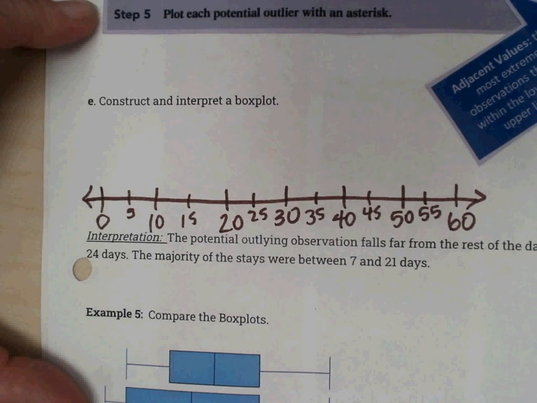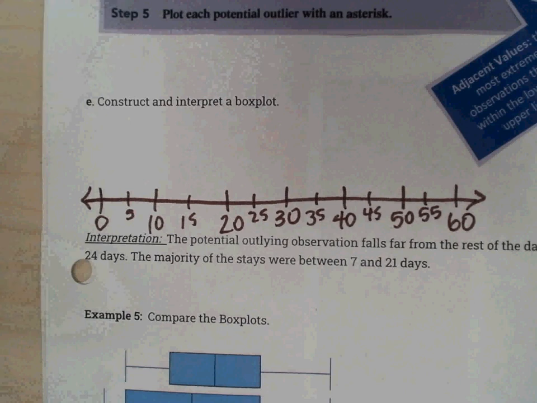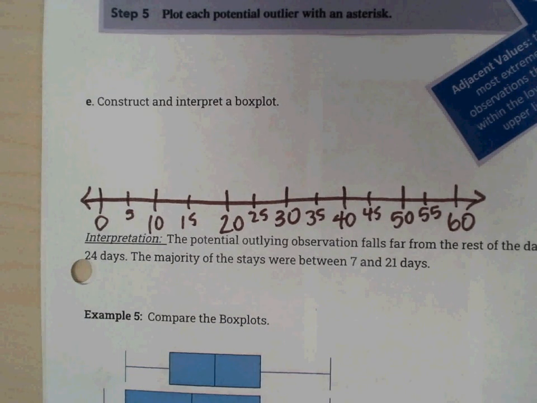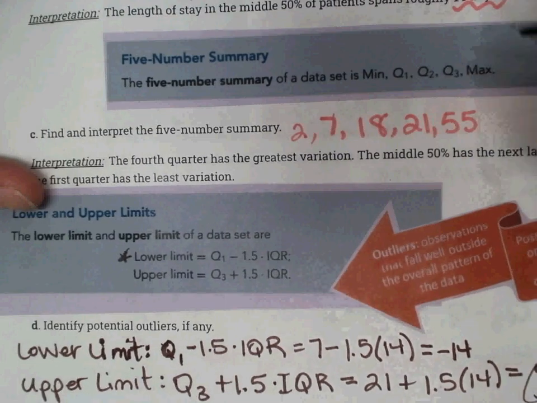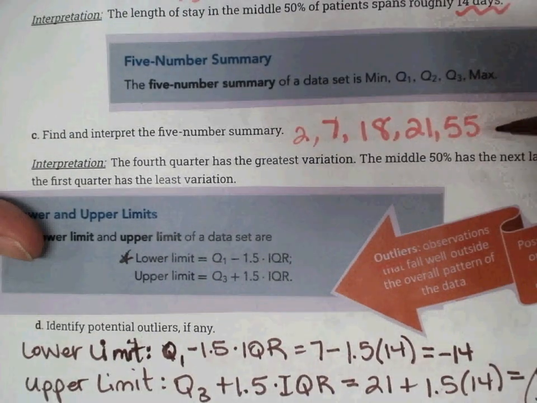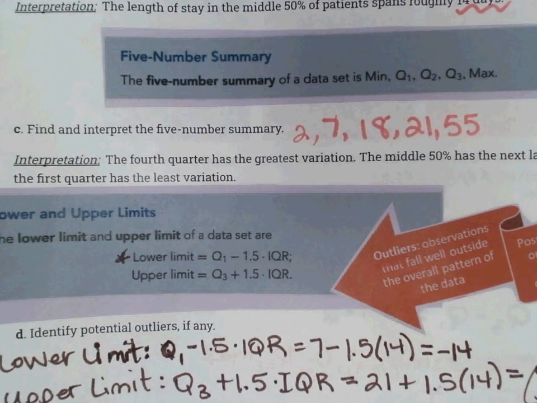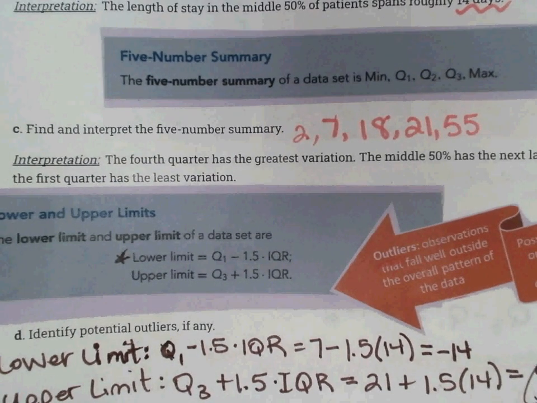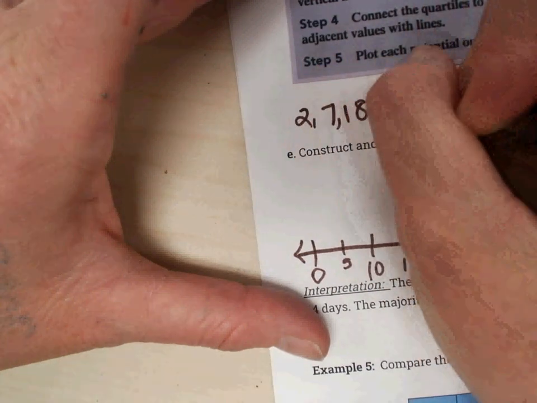And then above the axis, it says mark the quartiles and the adjacent values with vertical lines. So my quartiles and my adjacent values, essentially these are my 5-number summary. 2, 7, 18, 21.